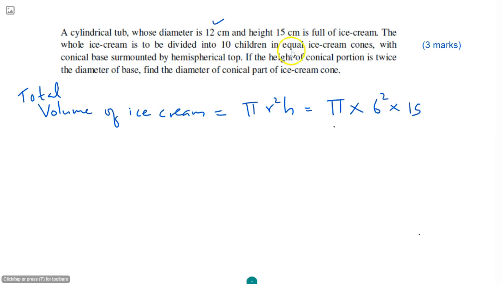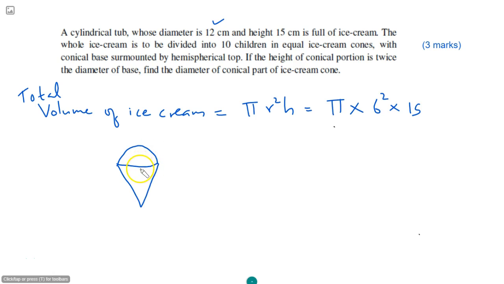Now this is divided into 10 equal parts and it's being distributed in ice cream cones of this shape, typical shape of an ice cream cone. So there's a cone at the bottom and a hemisphere on top. And it's given that the height of the conical portion is twice the diameter of the base.